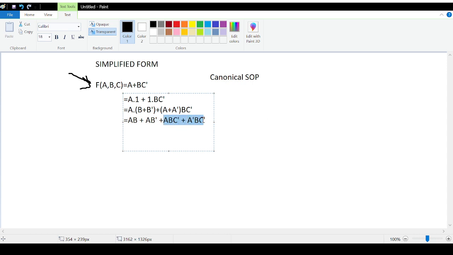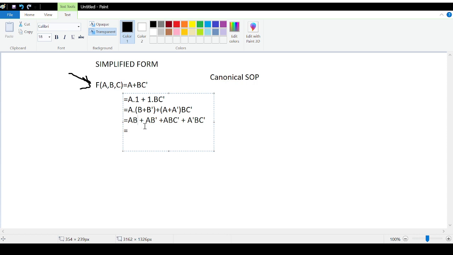See, I'm slowly coming to my canonical form. So BC bar now has A with it. Is this clear? I'm actually going through the reverse process. When we were simplifying, we took BC bar as common and we eliminated A, right? But here I'm forcefully bringing A. Is this clear, guys?